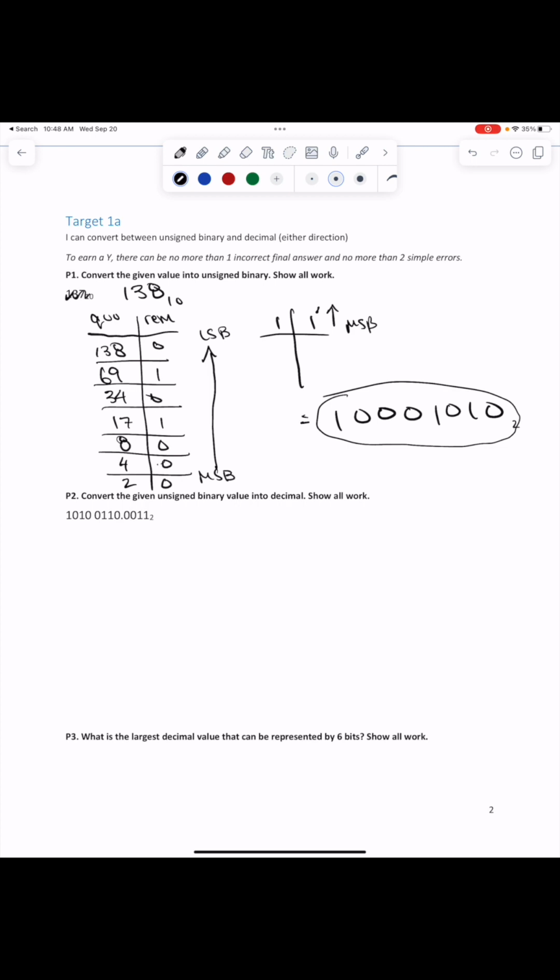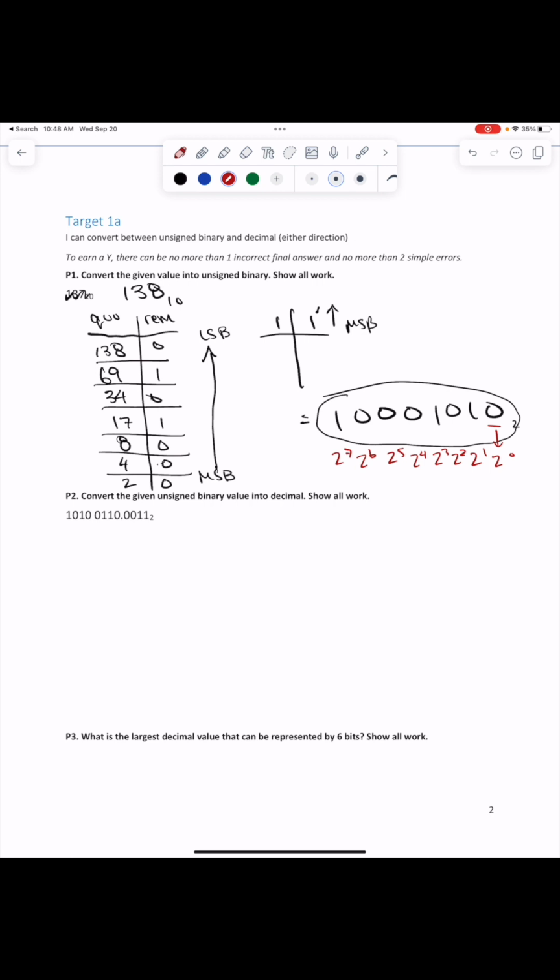And just to make sure that I can do this the other way, because that is the learning target, I'm going to convert this back into decimal by using the weighted base method. I will start at the first digit, which is a weighted base of 2 to the 0, and work my way up in position to 2 to the 1, 2 to the 2, 2 to the 3, 2 to the 4, 2 to the 5, 2 to the 6, 2 to the 7.